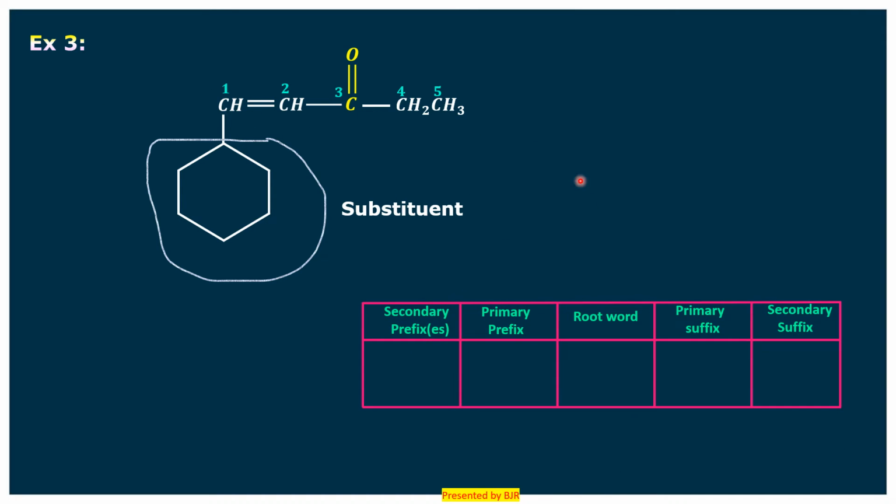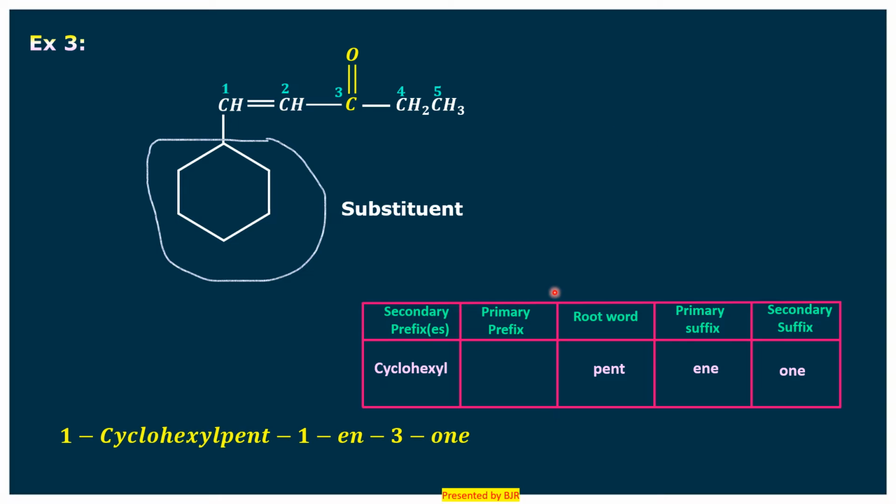So the root word, 5 carbon atoms are there, so it is pent. Primary suffix, a double bond is there, so it is en. Secondary suffix, C double bond O, means a ketone functional group is there, so it is one. Next, the secondary prefix is cyclohexyl. So 1-cyclohexylpent-1-en-3-one.